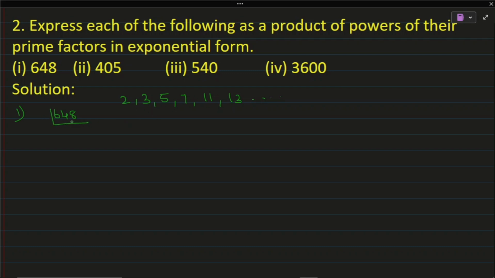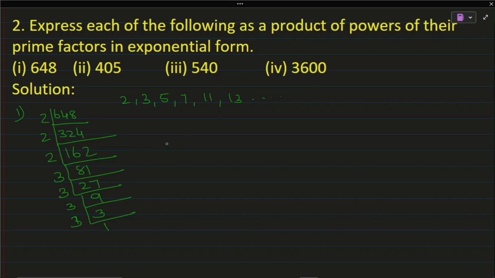This is an even number, so let's start with 2. 324, again with 2, then 162, again with 2, 81. Now let's try with 3: 3 9s are 27, then 9, again 3, then 3, again 3, last 1.